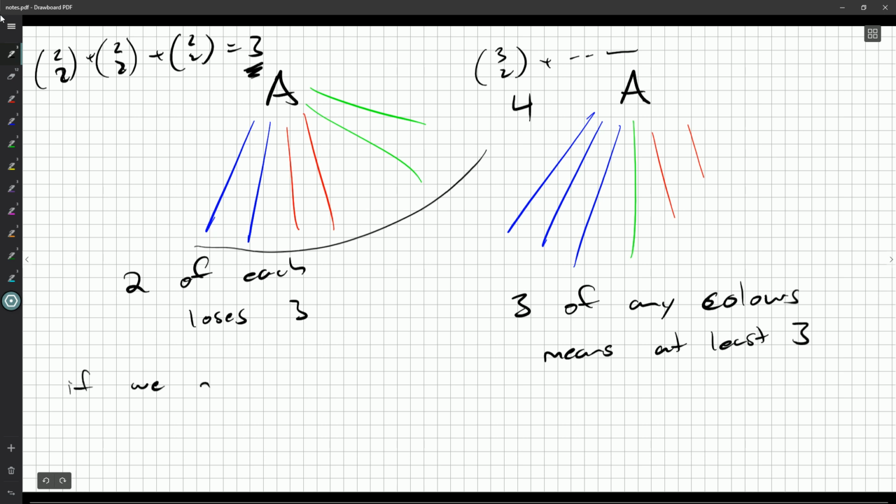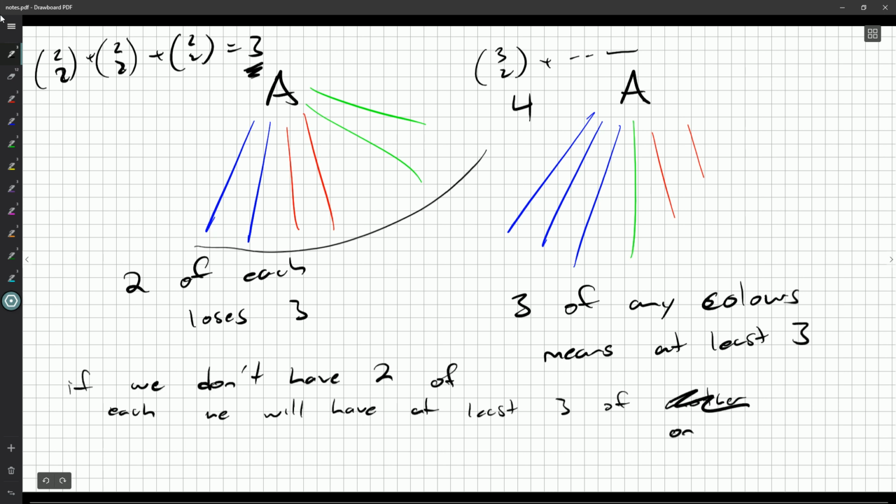So, just a quick note, if we don't have 2 of each, by pigeonhole principle, we will have at least 3 of another, or 3 of one color.